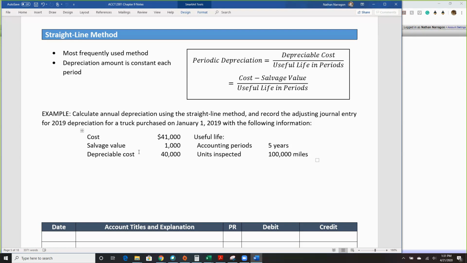So that would make its depreciable cost actually $40,000. Okay. It also has 2 measures of its useful life. We have the accounting periods of 5 years and units, well, not units, that should have been miles driven, of 100,000 miles.